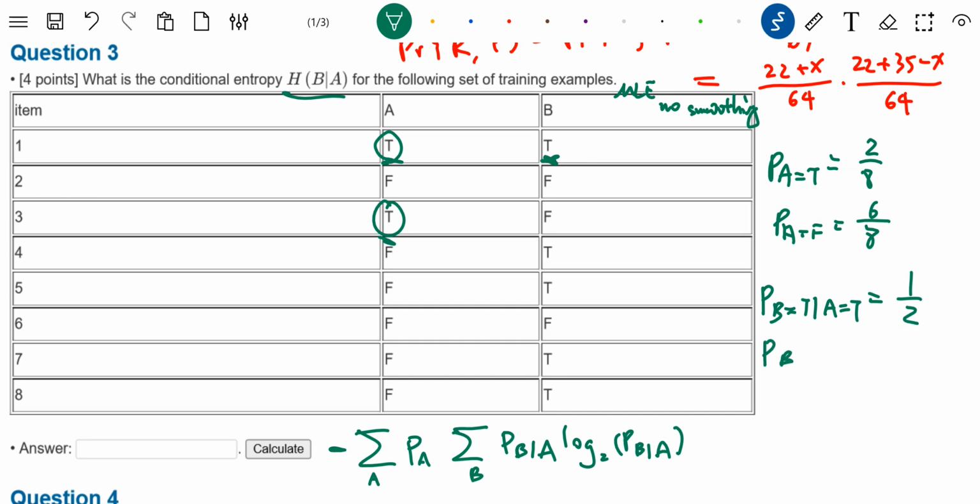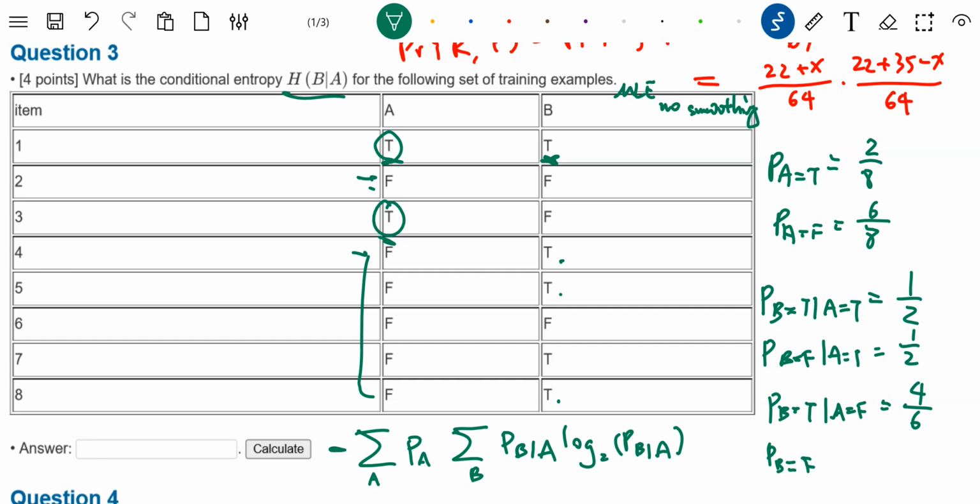And the probability of B is false given A is true is just 1 minus that. Probability of B is true given A is false is something over 6. Among these ones, the number of trues, 1, 2, 3, 4, is 4 over 6, and B is false given A is false is 2 over 6.